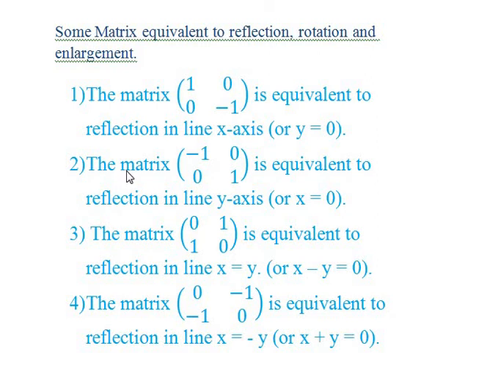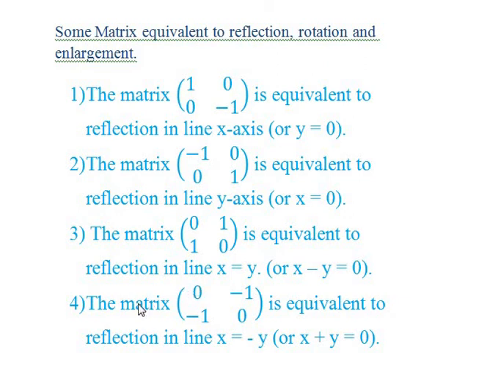Similarly, another matrix (-1, 0, 0, 1) is equivalent to reflection in the y-axis, or x equal to 0. And the matrix (0, 1, 1, 0) is equivalent to reflection in the line x equal to y, or x minus y equal to 0. Or you can write y minus x equal to 0.